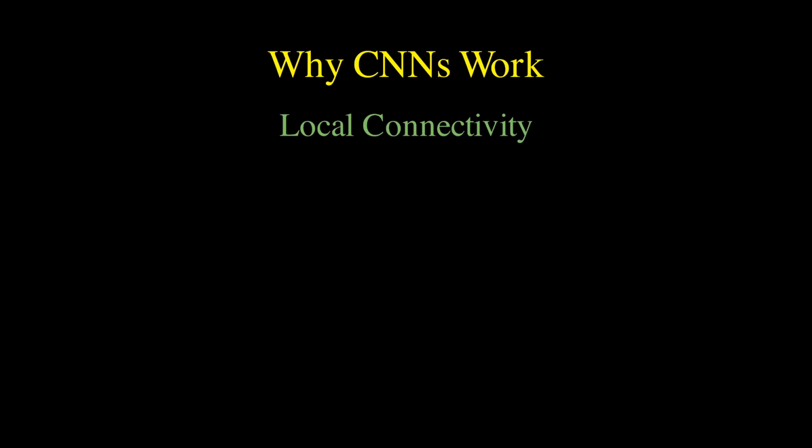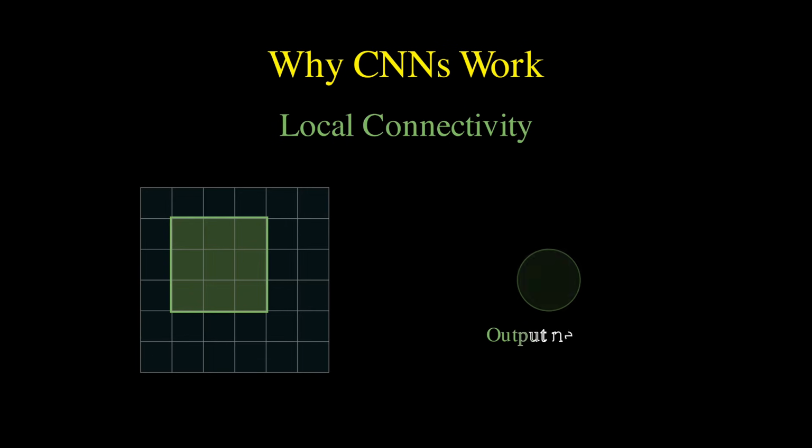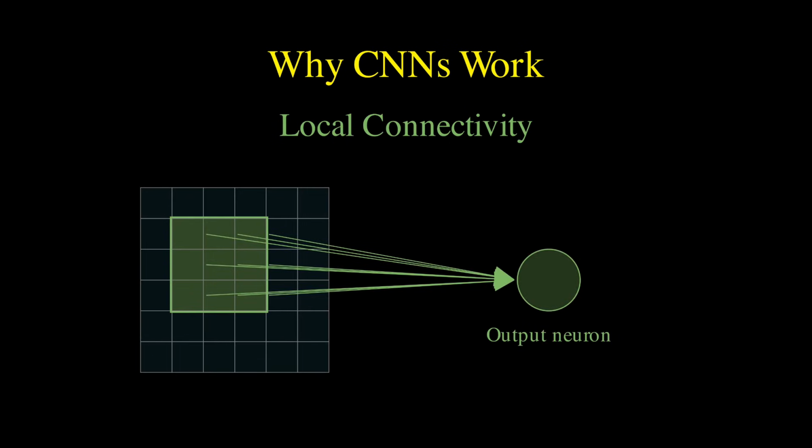Each output neuron only looks at a small local patch of the input, just the region covered by the kernel. It doesn't see the entire image. And that makes sense because in most images, nearby pixels are far more related to each other than distant ones. A pixel in the top left corner rarely has anything to do with a pixel in the bottom right.